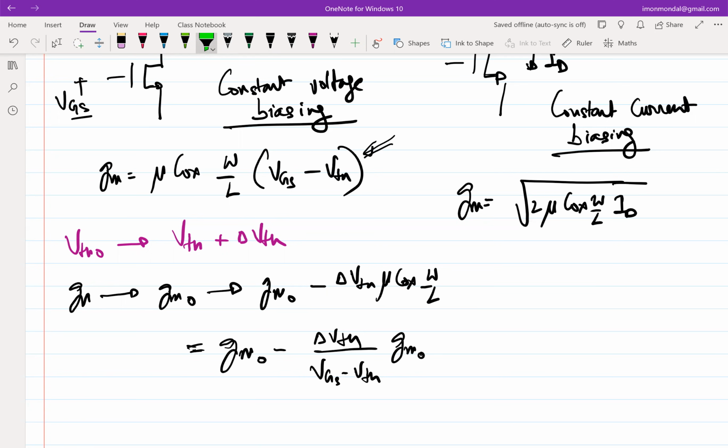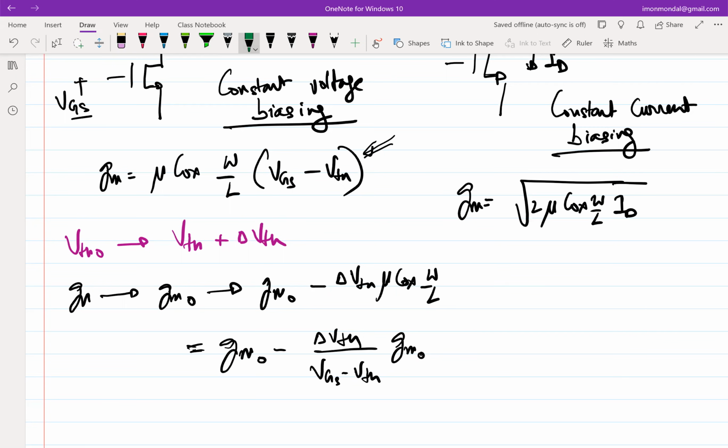And that factor is inversely proportional to the overdrive. That makes sense, because if VGS minus VTH is very high, that is, you have turned the transistor on with a lot of overdrive, then a small change in threshold voltage wouldn't change this overdrive by any significant amount. That's what is getting reflected in this equation.